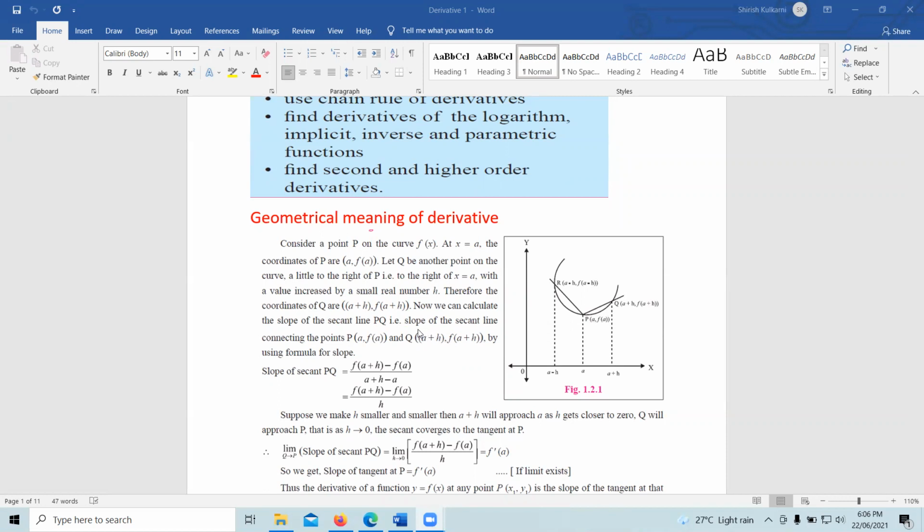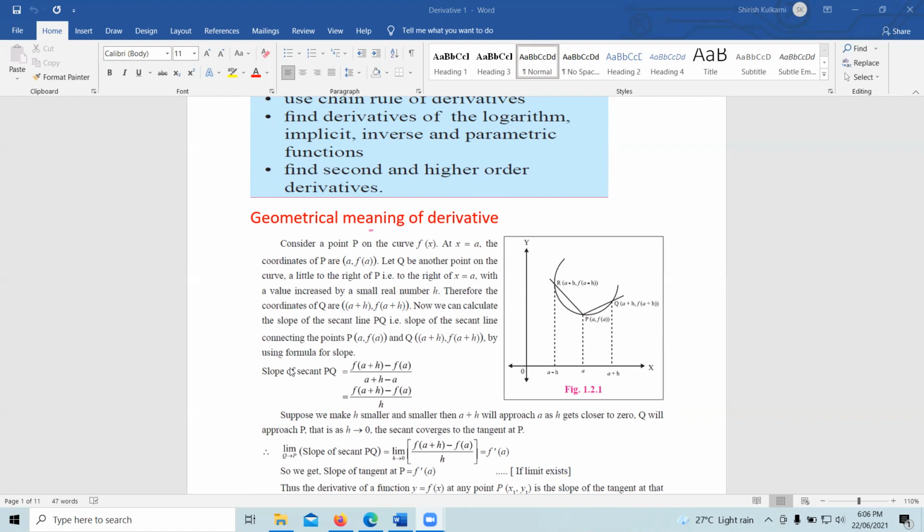Then we have to find out the slope of this secant line. You know the slope means the difference between the two y coordinates divided by the difference between the two x coordinates. What is the y difference? f of a plus h minus f of a upon a plus h minus a.